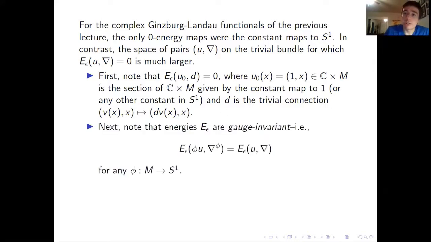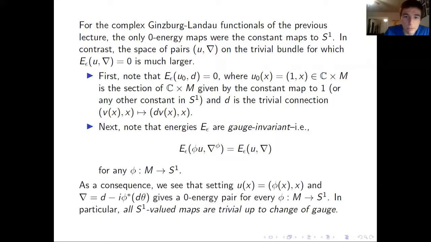But these energies are also, it's easy to check, gauge invariant. So if we take E_epsilon of (phi u, nabla^phi), so if we act on this pair by a change of gauge, then we get the same energy back for any gauge map phi from M to S1. As a consequence, if we take u to be phi of x for any S1-valued map phi, and we take nabla to be the gauge transform of the trivial connection by phi, so we get d minus i phi star d theta, then we get a new zero energy pair for every S1-valued map.